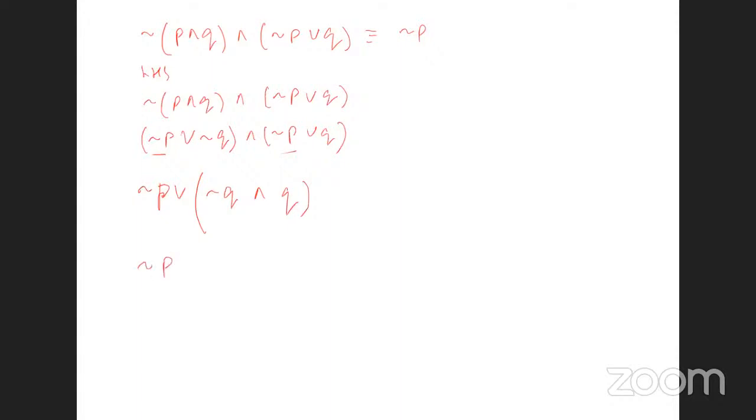So negation of P or false. What's the negation of P or false? Negation of P. Are we done? We are there. QED is Latin for was able to, able to show something like that.